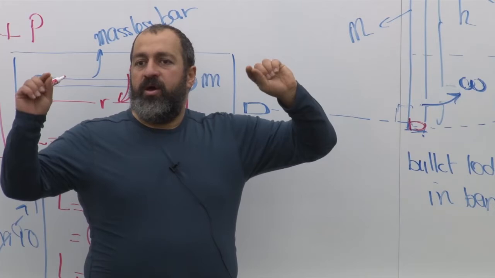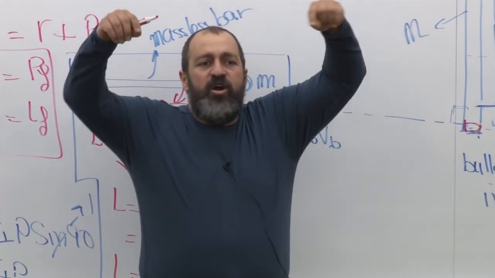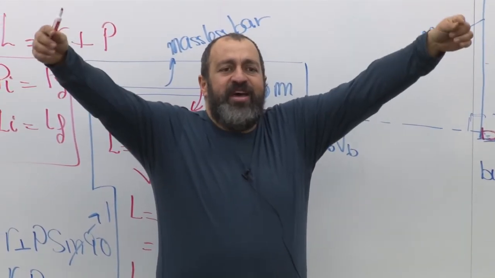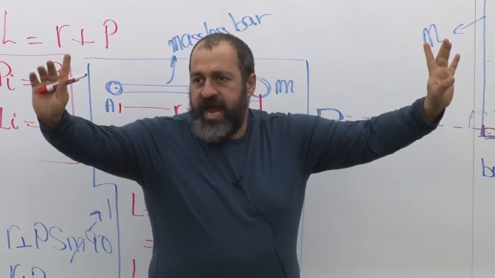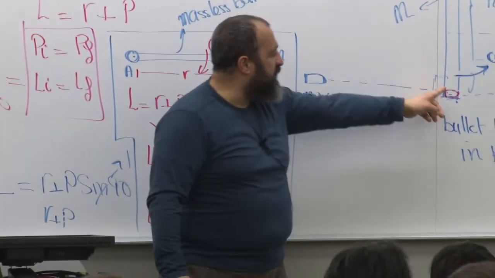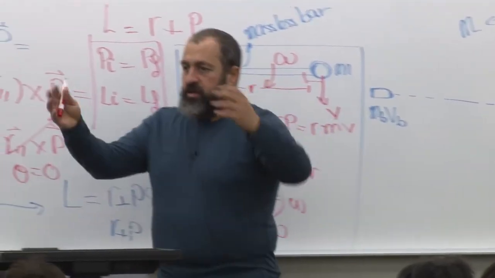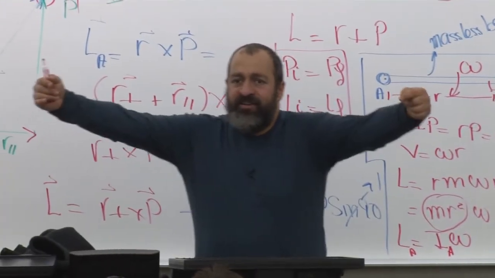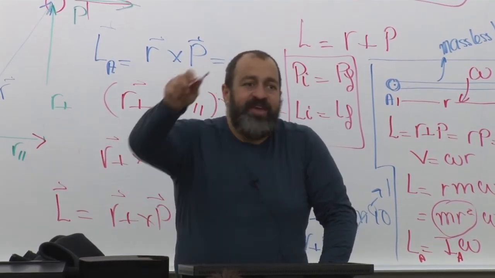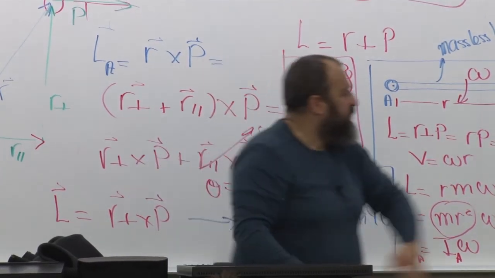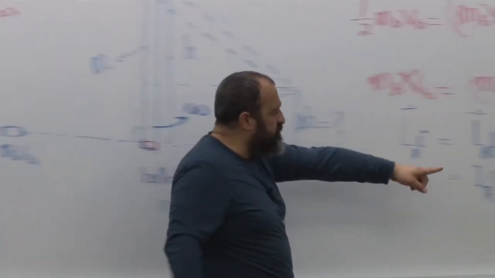Because the condition, guys, for conservation of momentum is that there should be no external forces. There is a force exerted on the bar and a force exerted on the bullet, but as a system, the force between them is internal to the system. So the angular momentum of concern after the collision is that of the system.